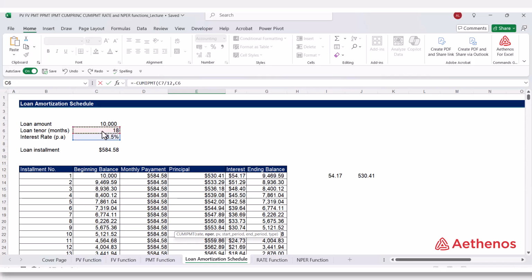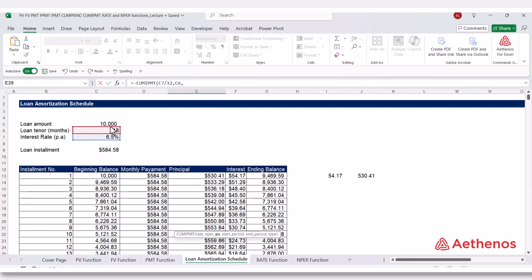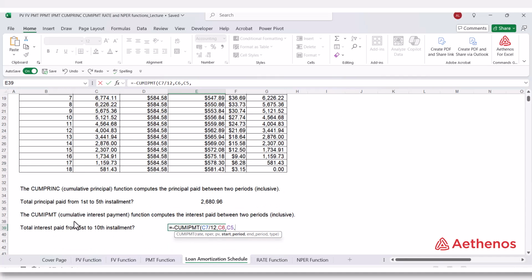And the number of payments is 18 again. And then we have the present value, loan amount, 10,000. And the starting period, we want to calculate from 5th to 10th. So 5 is the starting period. And the ending period is 10. And it's end of the period, so we put 0 there.